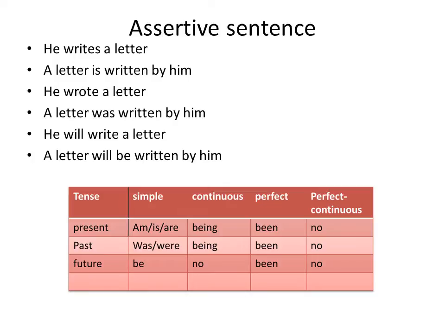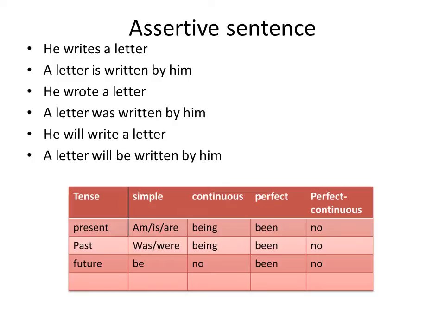A letter is the subject of the second sentence. According to that subject, we have to use the predicator is. We have seen that we have to use the V-en form of the main verb: writes, write, wrote, written.